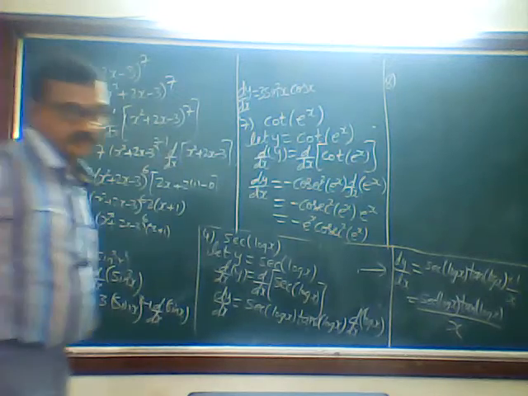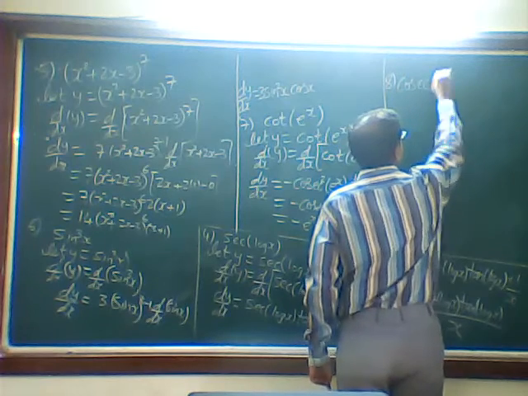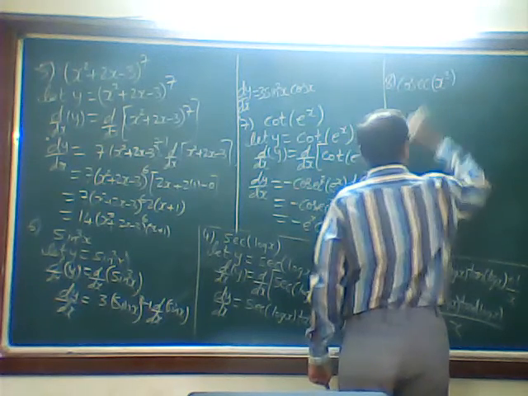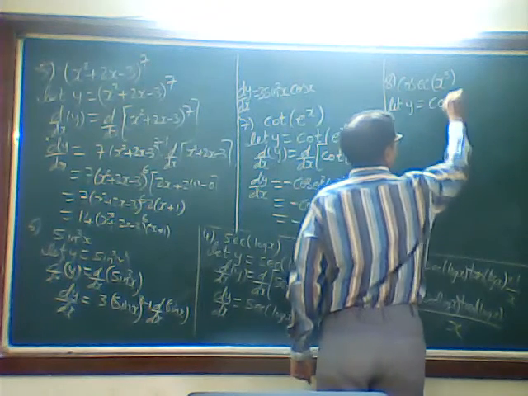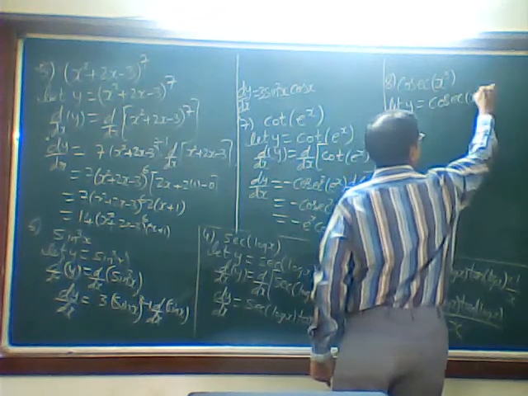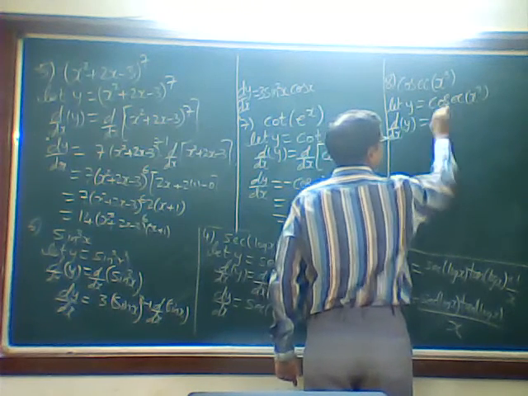Next, cosec of x cube. Again, let y is equal to cosec of x cube. Then d by dx on both the sides.